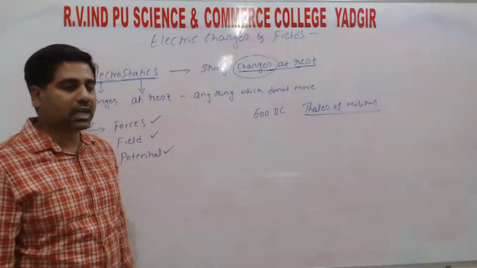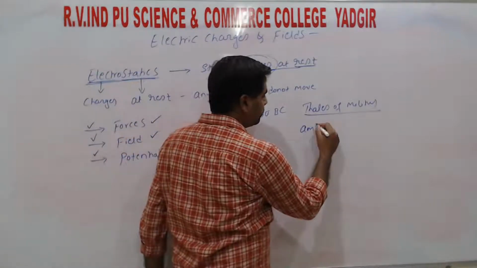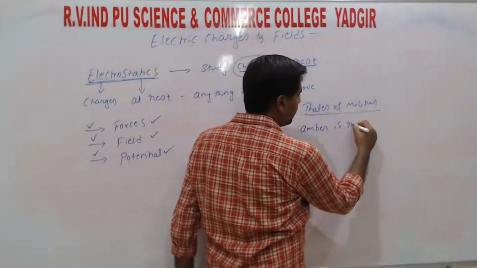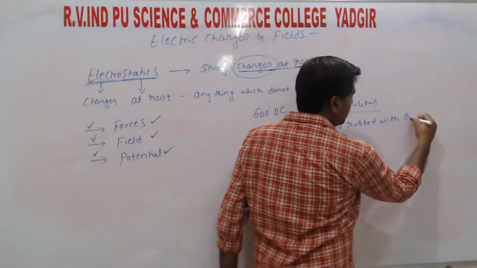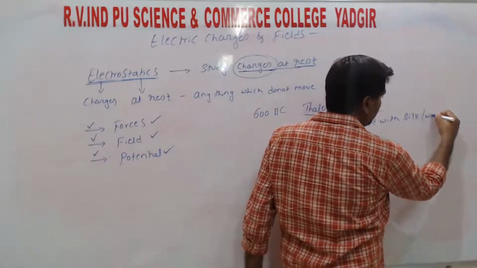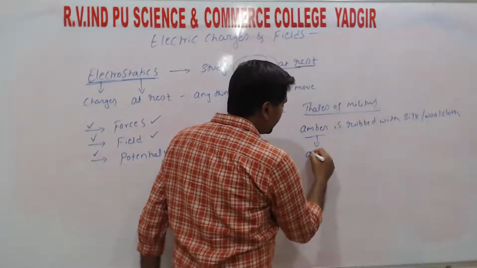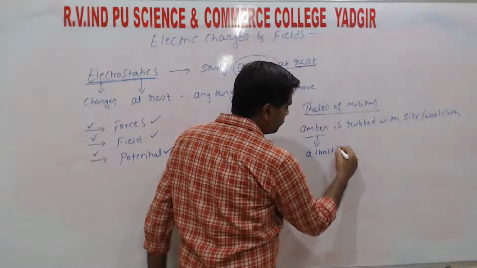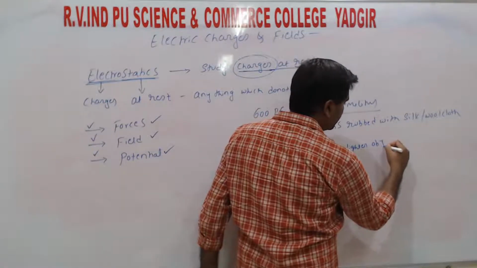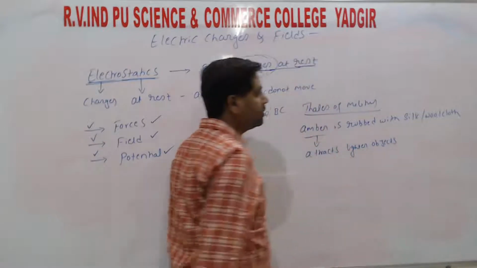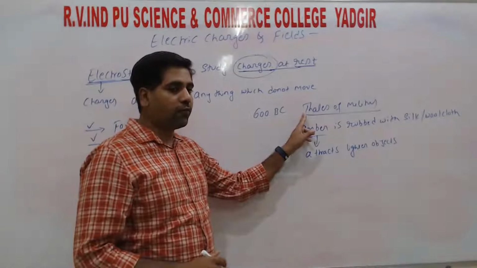He discovered charges when amber is rubbed with silk or wool cloth. This amber attracts lighter objects. So charges were first discovered by Thales of Miletus.